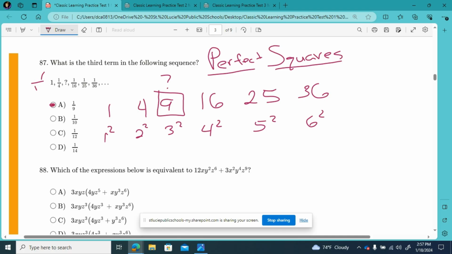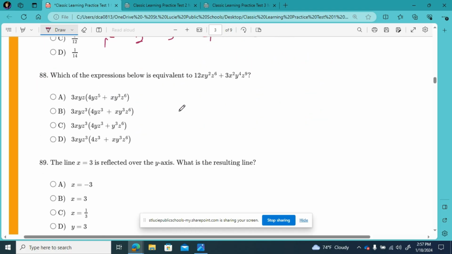So we've found our answer. You may see perfect squares come up in a different format than this on the CLT exam, but I've seen where we've used these perfect squares in multiple practice test questions, so be prepared for that.